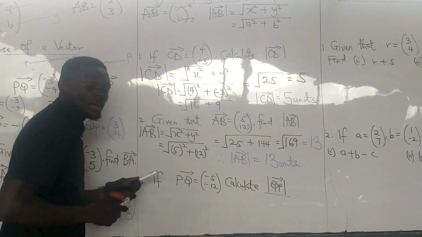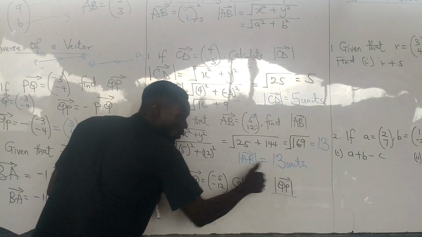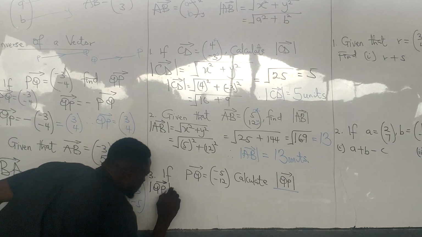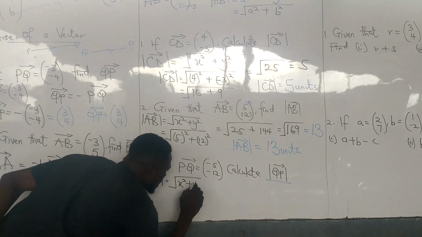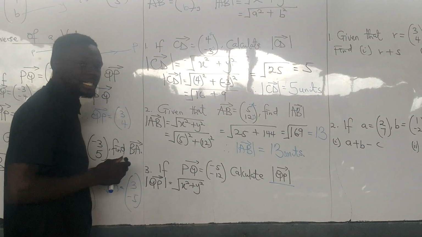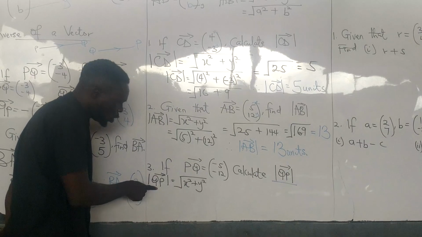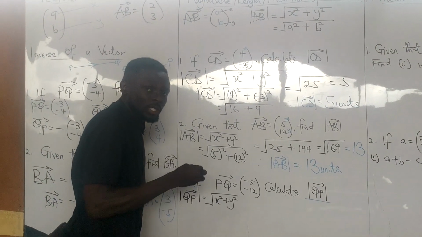I know very well that the magnitude of vector QP is equal to the square root of x component squared plus y component squared. But look at what you have to find: the magnitude of QP. Do we have QP from the question?